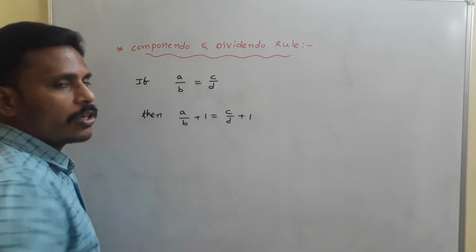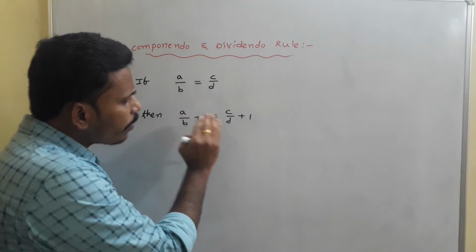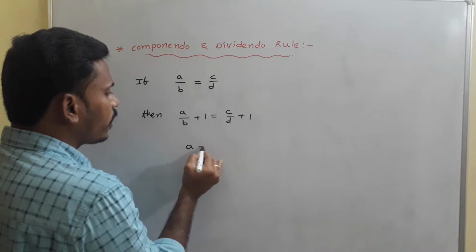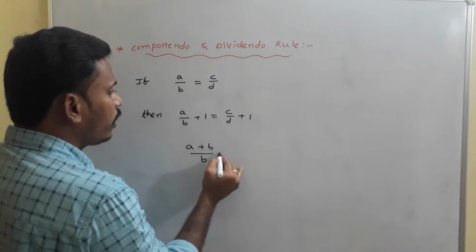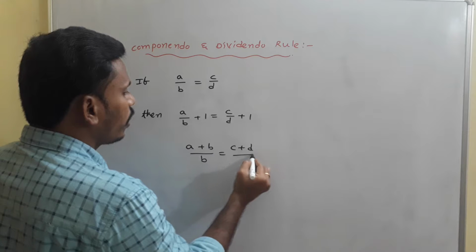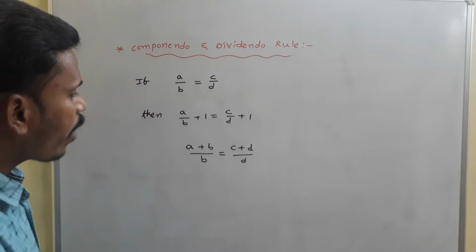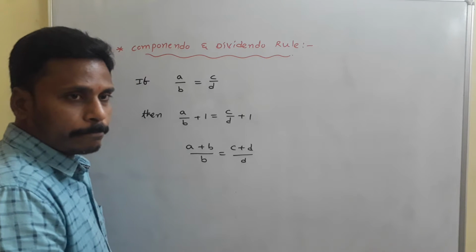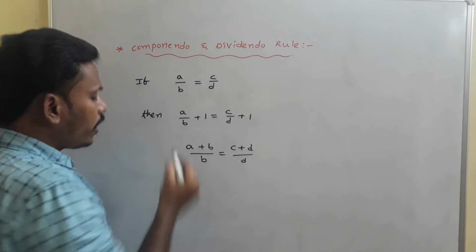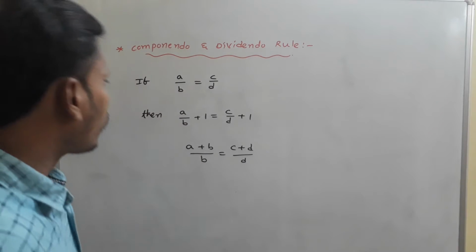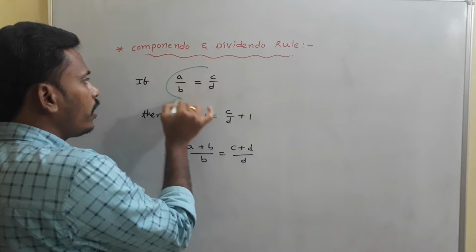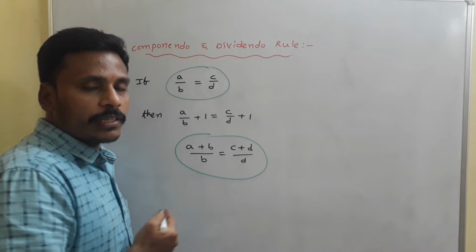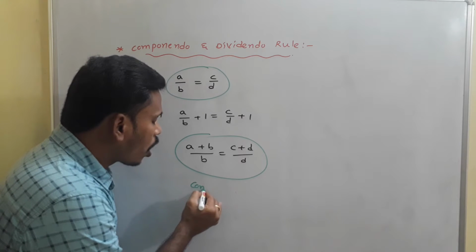Now if you simplify, you will get A plus B by B is equal to C plus D by D. So if A by B is equal to C by D, then A plus B by B is equal to C plus D by D. This rule is called the componendo rule.